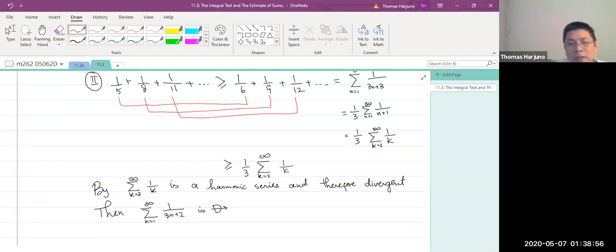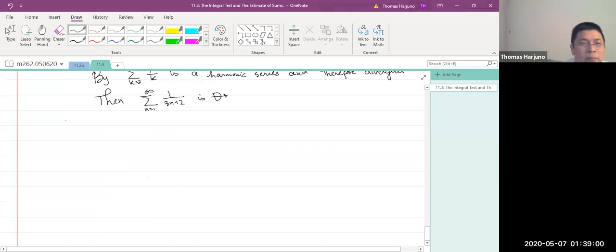Okay, let's see number 20. The summation from 1 to infinity of 1 over n squared plus 6n plus 13.